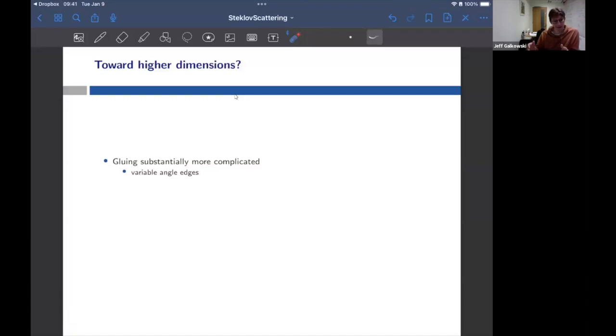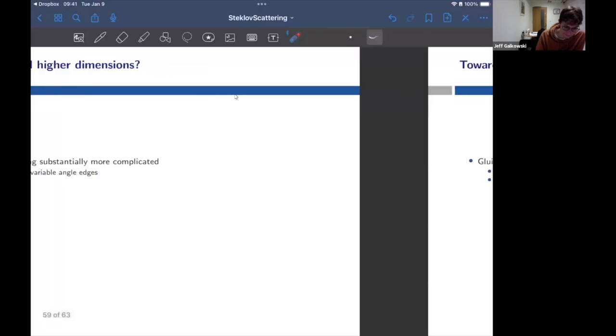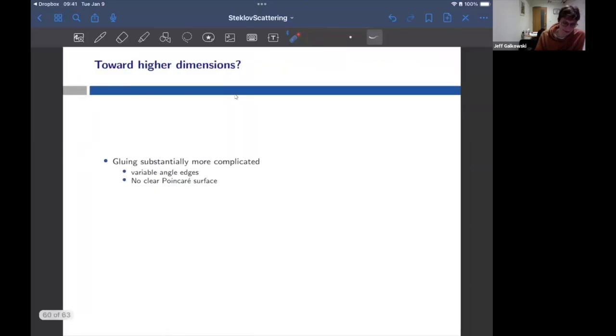Another thing is that the edge itself might vary from point to point, so the angle might vary. So even though when you zoom in you get this nice Fourier transform, you have to deal with the fact that the angle is variable. As I said, there's no clear Poincare surface, so there's no clear way to separate things near the edge and far from the edge which respects the propagation of the problem. That's what I mean by this.